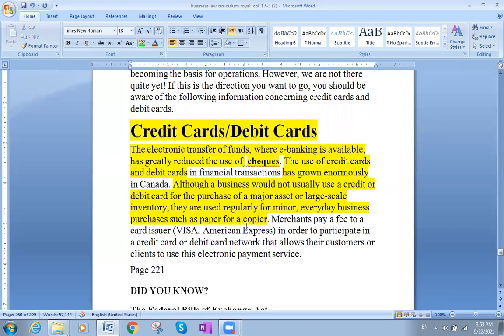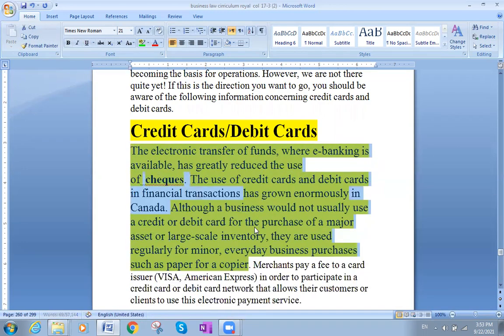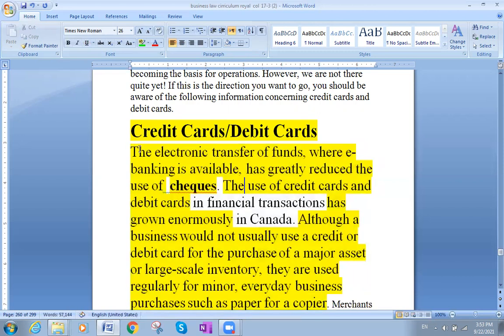Now, these sentences, I just want to enlarge so everyone can see. The electronic transfer of funds where e-banking is available has greatly reduced the use of checks. The use of credit cards and debit cards in financial transactions has grown enormously in Canada.